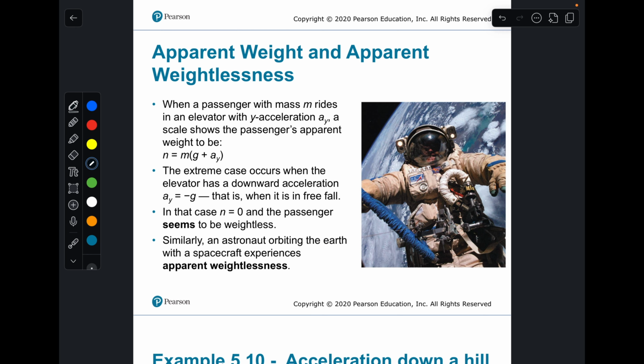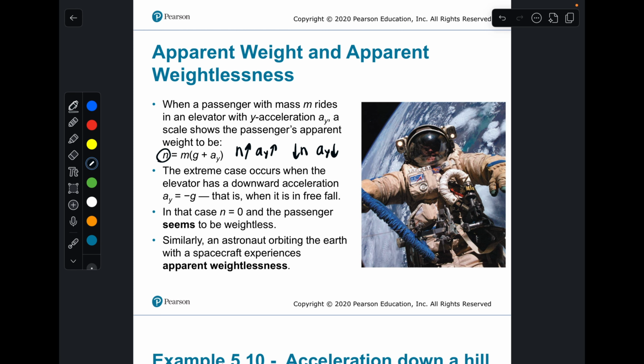So the passenger's apparent weight, which is equal to the normal force that the surface exerts on the passenger, is going to increase for positive a_y, and it will decrease if your acceleration is pointing down.